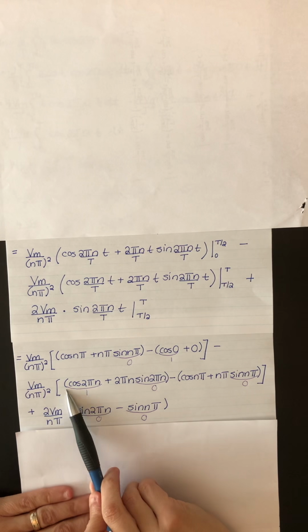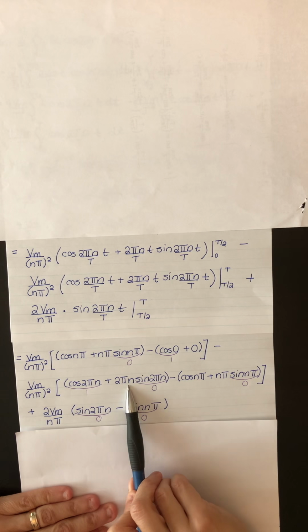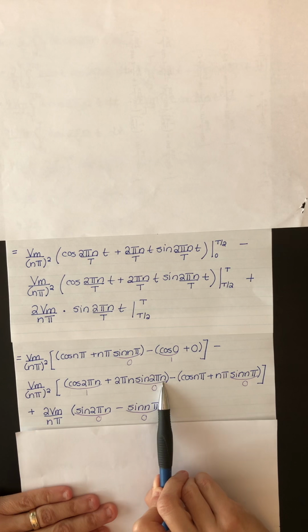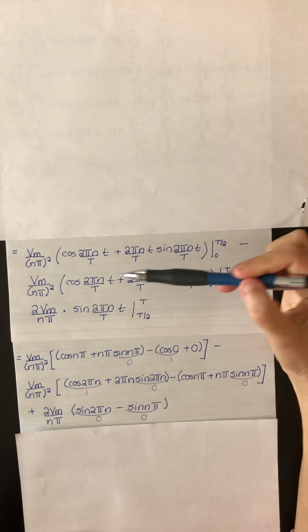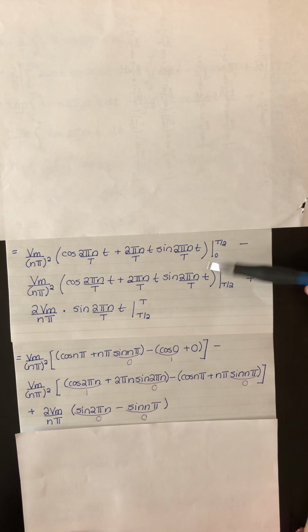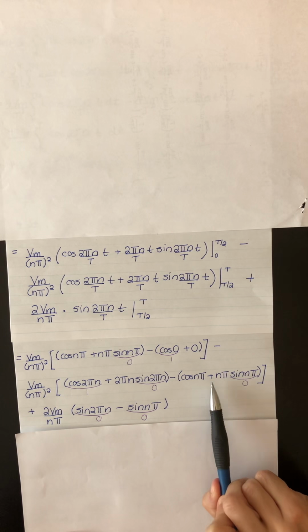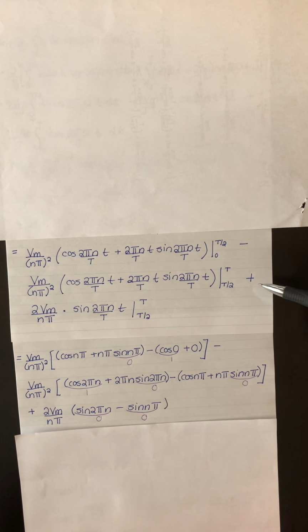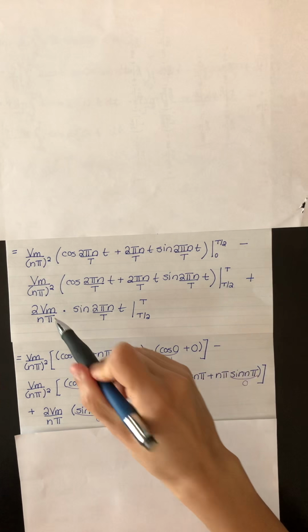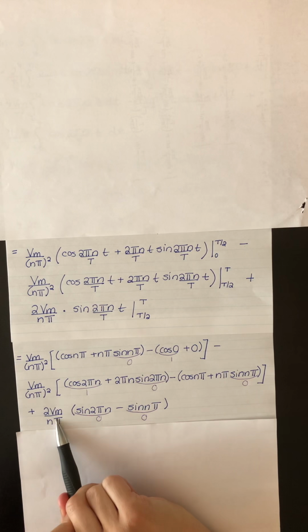You will get cosine 2 pi n plus 2 pi n sine 2 pi n. Minus, then you take your lower limit and substitute it here, here, and here. Cosine n pi plus n pi sine n pi. Plus constant.